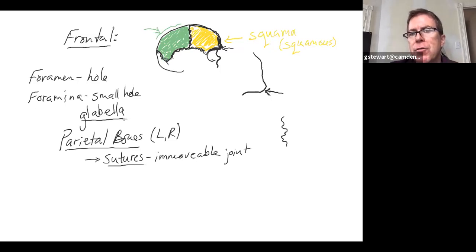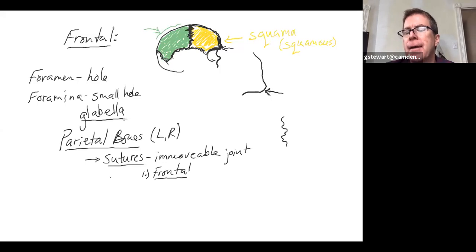The frontal suture is the immovable joint that I've drawn. I'll extra highlight it now, between the frontal and the two parietals on both sides. So the frontal suture, it's also called the coronal suture. If you read that, it's the same thing.